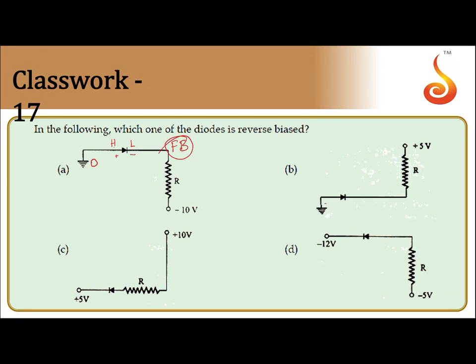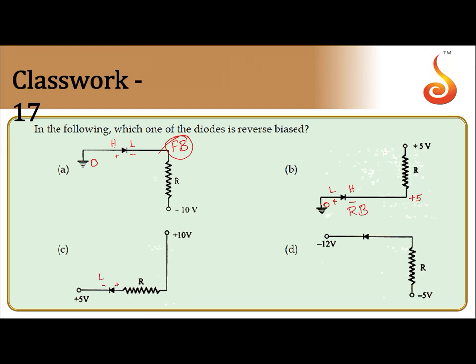Now coming to this is 0, this is plus 5. So plus 5 is greater than 0, so this must be higher potential, this must be lower potential. So negative is connected to higher, positive is connected to lower, so this must be reverse biased. Similarly, check the other two. This is negative, this is positive.